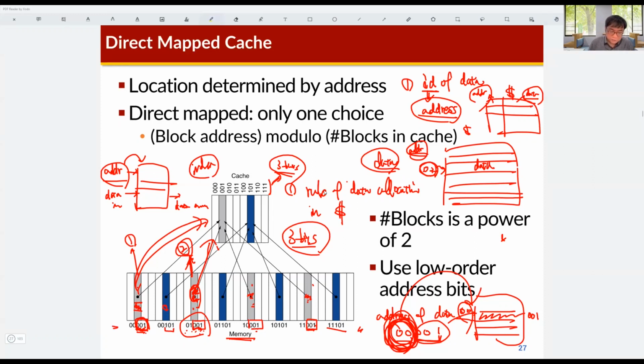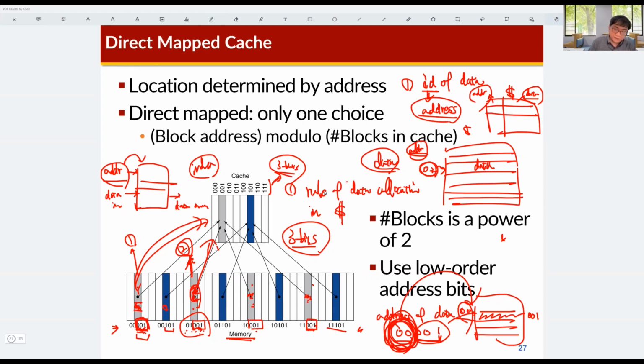And then if we see the address of this memory, just ignore the byte address, just mention some word address. Okay. So if we see the address in the memory, then we can find that the lower part of the address is equivalent to the index number of the cache.